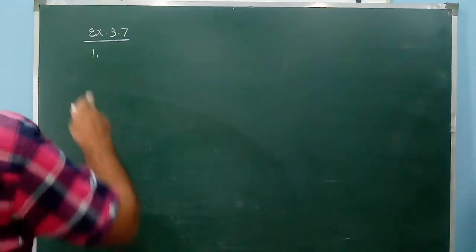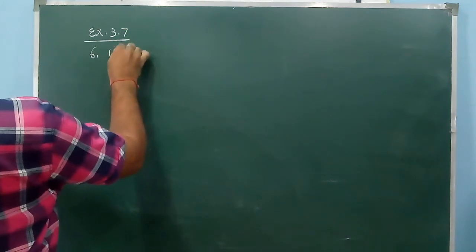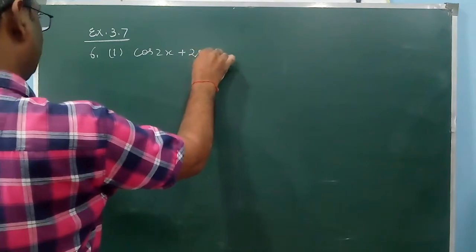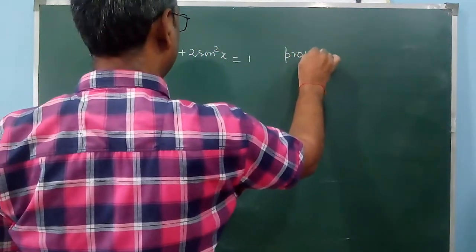So we will be starting with question number 6. First part is cos 2x plus 2 sin square x equal to 1. This we have to prove.